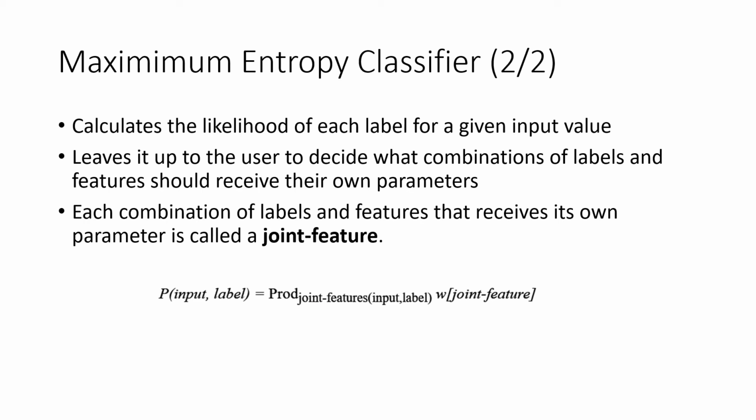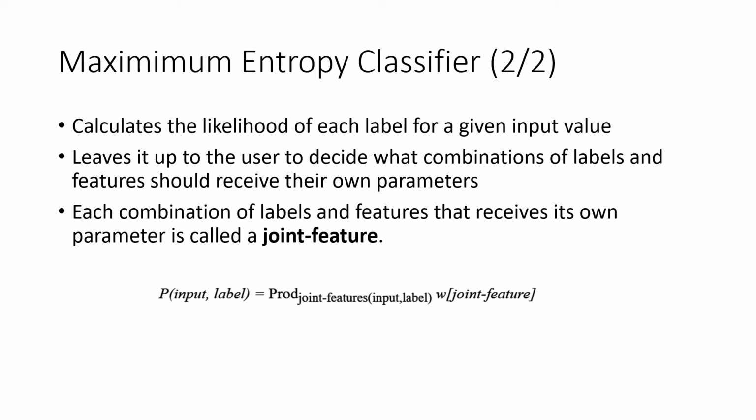This will sometimes allow the model to generalize over some of the differences between related labels or features. Each combination of labels and features that receives its own parameter is called a joint feature. Note that joint features are properties of labeled values, whereas simple features are properties of unlabeled values.